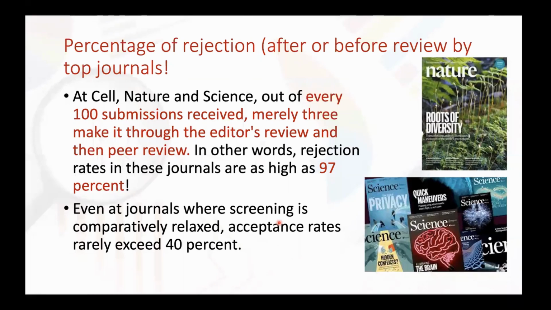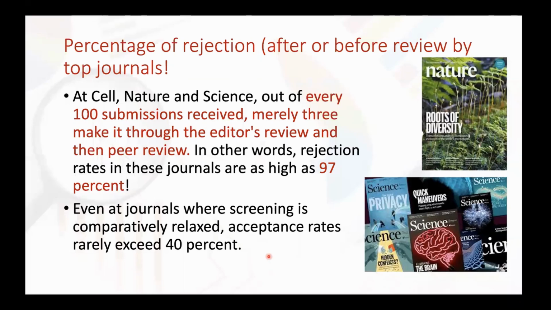In other words, the rejection rates in these journals are as high as 97%. That means out of 100 manuscripts submitted, normally 3 will be published, so you can imagine the rate of rejection. Only quality papers are accepted, and that is the reason why they maintain good quality, standard, and also high impact.